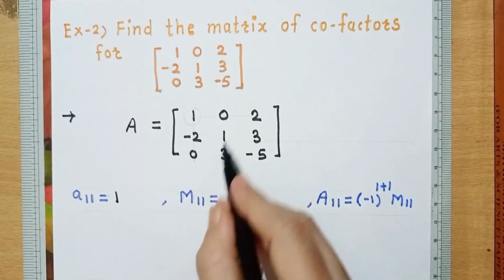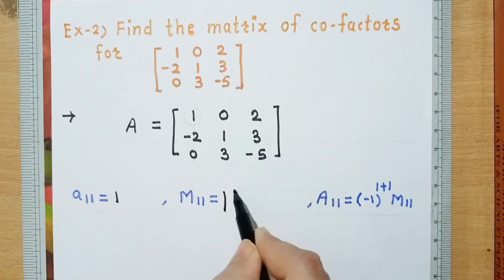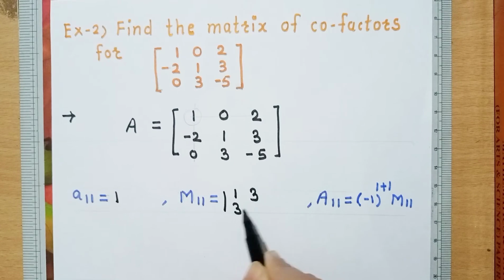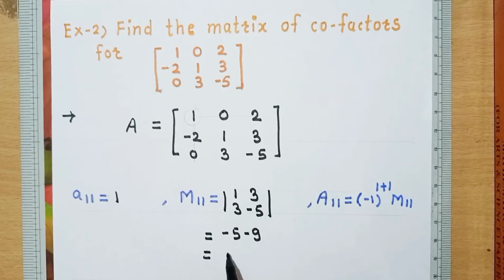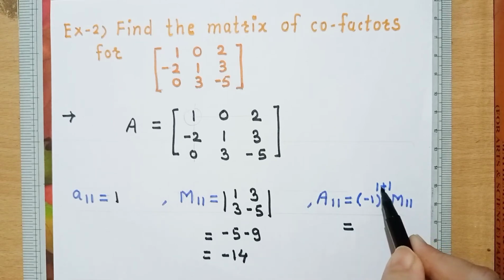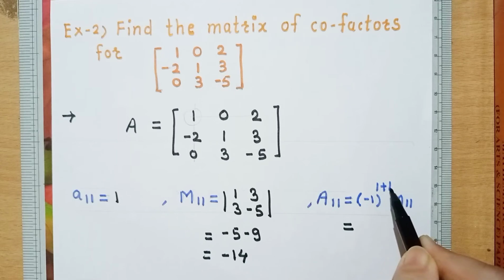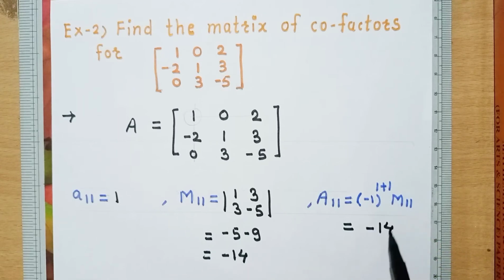And so this determinant is 1, 3 and 3 minus 5, and that is equal to -14. And here one trick is there. This is our formula. If the index is an even number, then write down this minor here as it is.